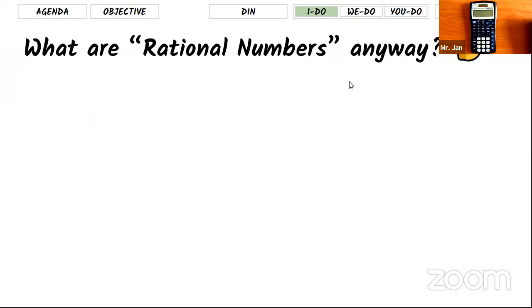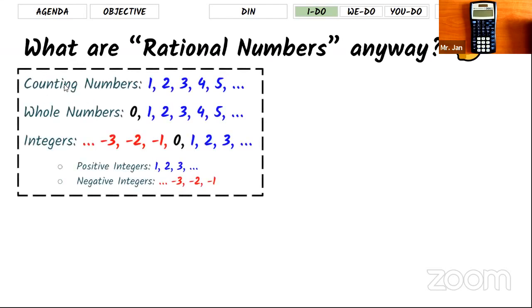So what are rational numbers anyway? We hear it a lot, like "be rational," in our everyday life. What actually are rational numbers in math? We started with the counting numbers at the beginning of the school year, right? Like reviewing. We already know this stuff, but we need to know the big picture. Counting numbers are the numbers that we count in everyday life, like 1, 2, 3, 4, 5, and it goes on forever.